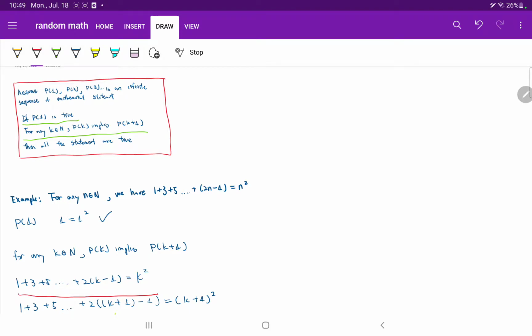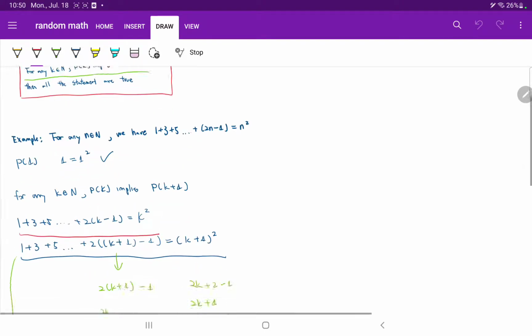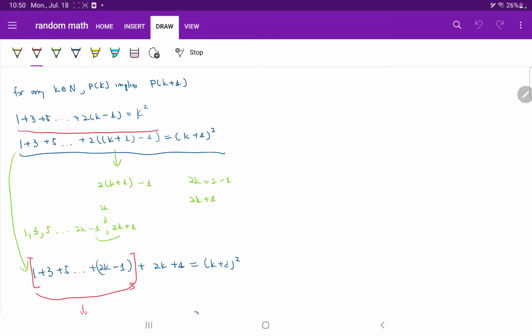That's a little bit of a simplification, but you get what I mean. You have to prove there's a base case that is true, and then we call this the method of mathematical induction, which we use to prove an infinite sequence of mathematical statements. So that'll be my intro on mathematical induction.